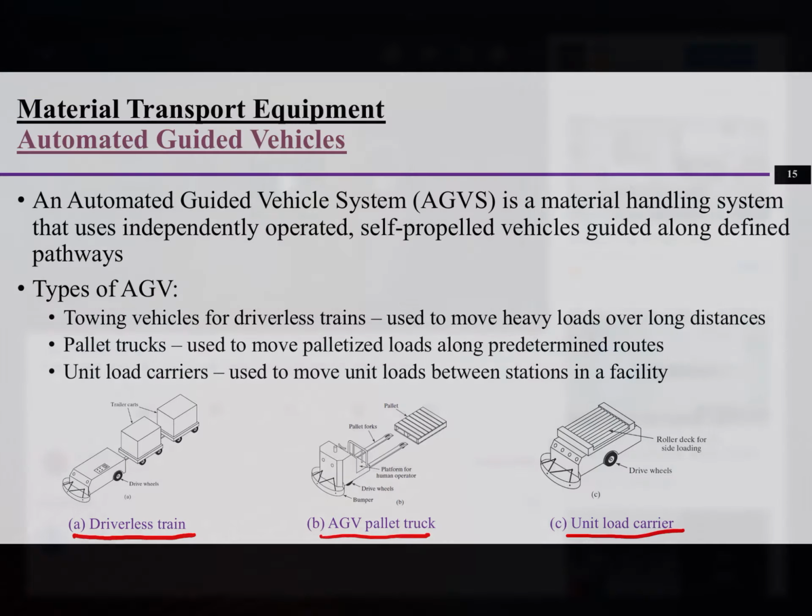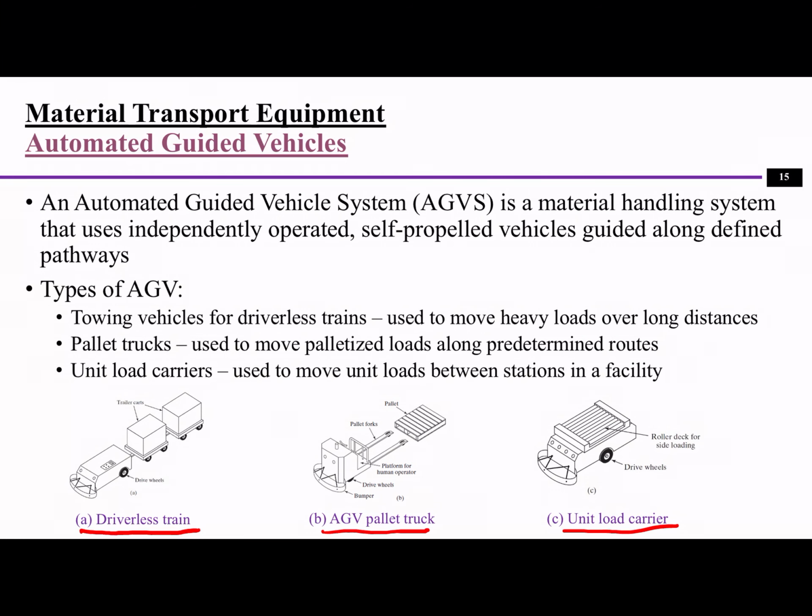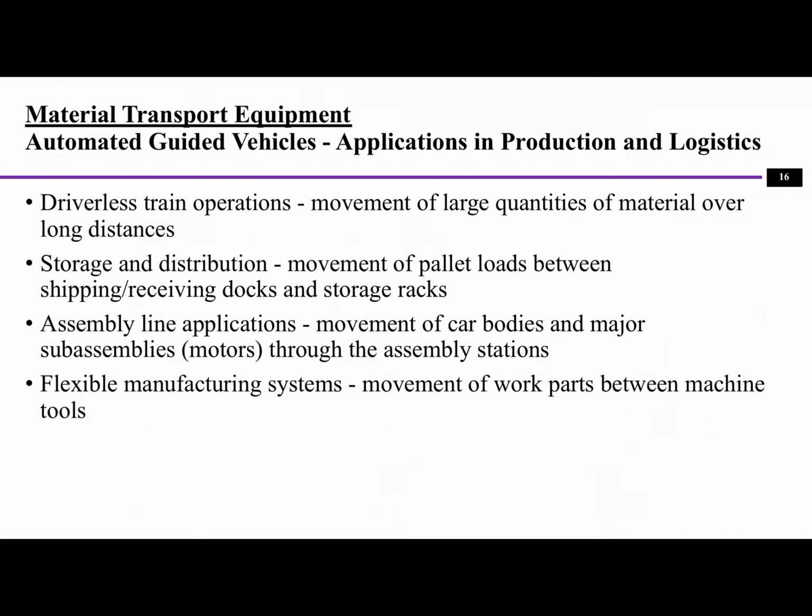All right, so this is about AGVs, and we mentioned that the application of AGV is mainly either you have a good amount of material to transport, or you have large quantity or heavy materials to transport, and you need a lot of automation in it.